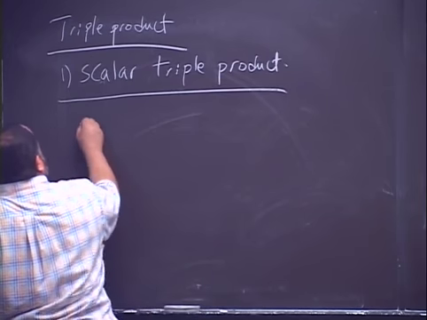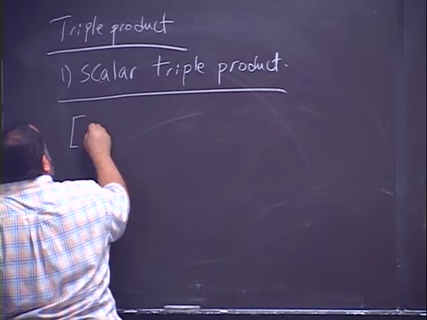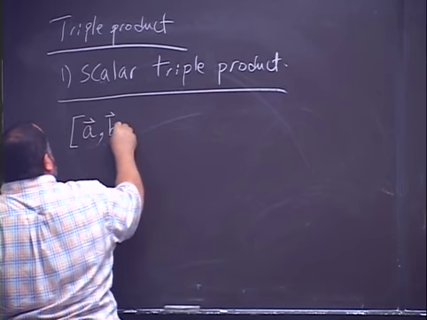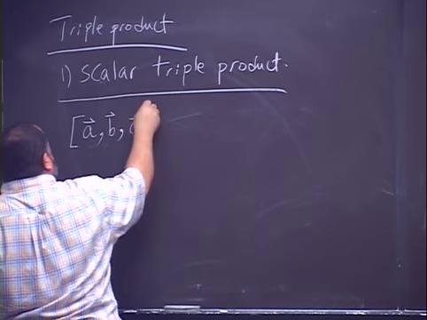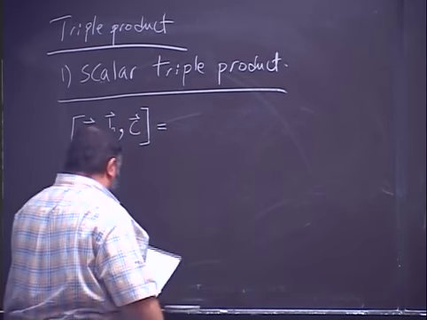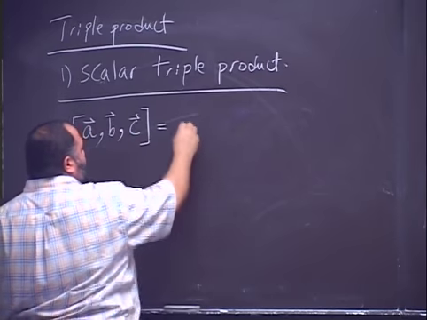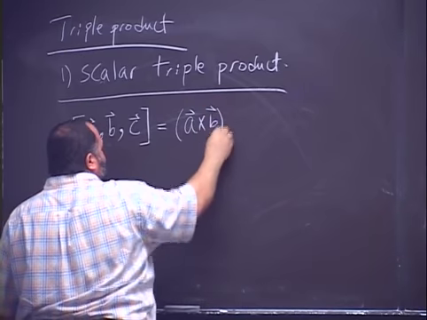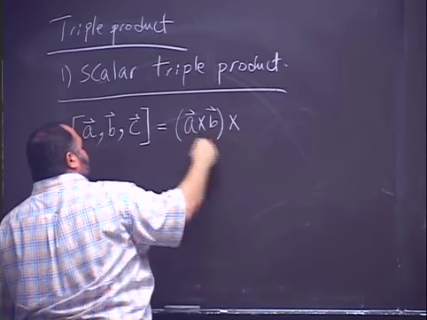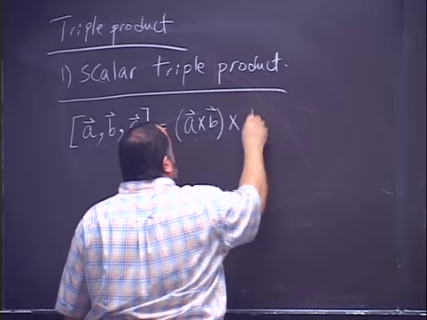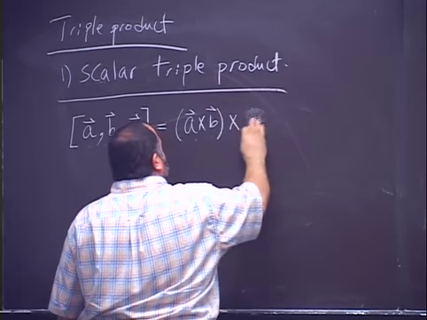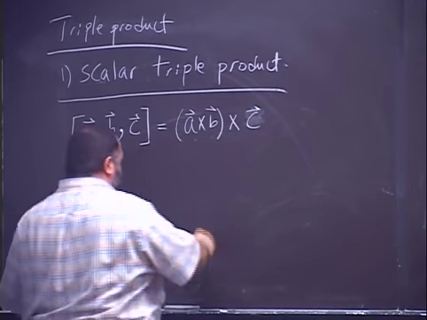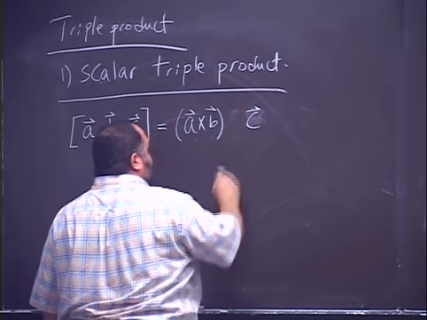How do we define the scalar triple product? We define a vector A, a vector B and a vector C. And this will be A crossed with B, then the resultant of A cross B will be crossed with C. Oh, sorry. It will be dotted with C because this is the scalar, not the vector.